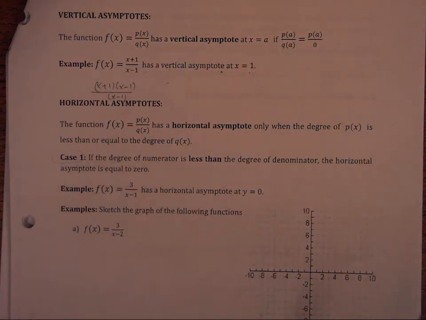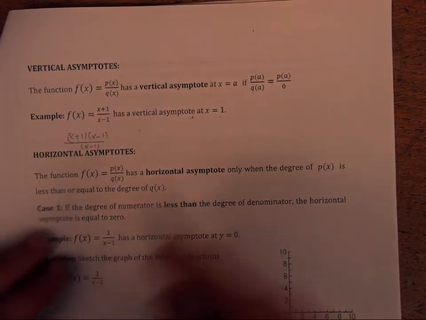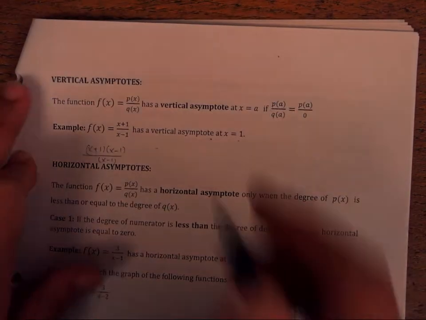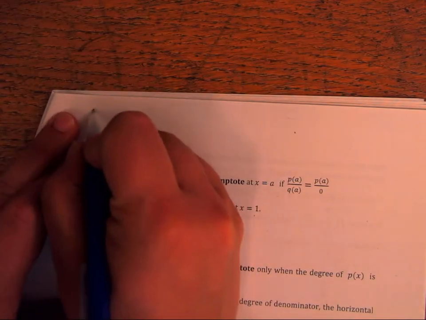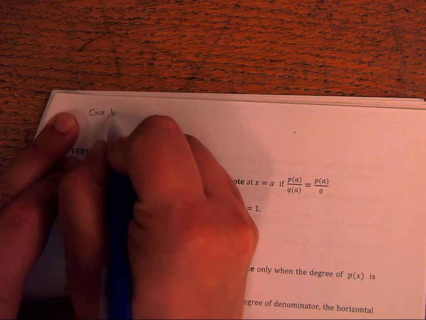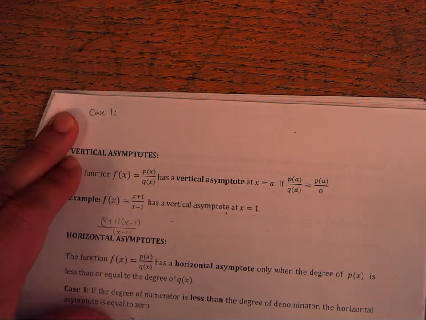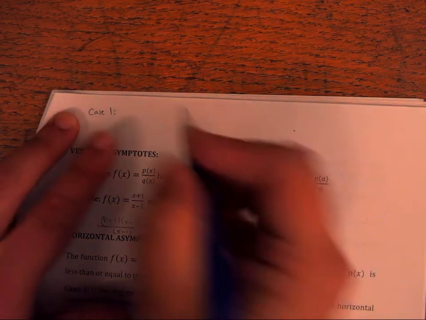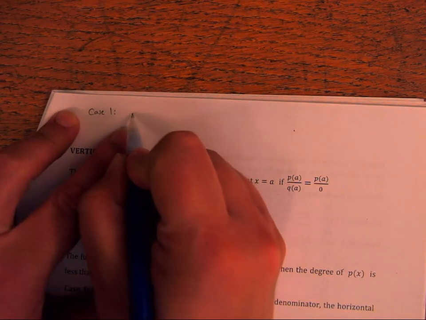That is case 1. Okay, so maybe we can take a note. So for case 1, the degree of the numerator is less than the degree of the denominator. I'm just going to put an example here.